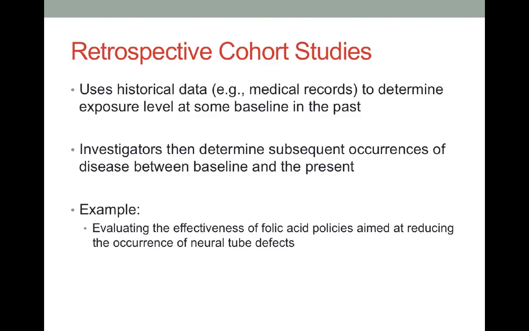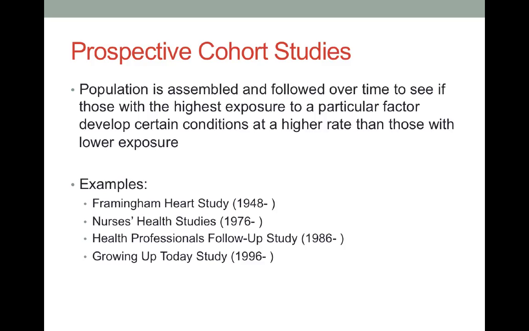Retrospective cohort studies examine exposure in the past, while prospective cohort studies examine populations into the future. So you'd have a group of people that you would follow into the future over time to look at risk factors for disease and then who develops those diseases. In general, though, we don't use the terms retrospective and prospective because they're obviously overlapping to a degree.